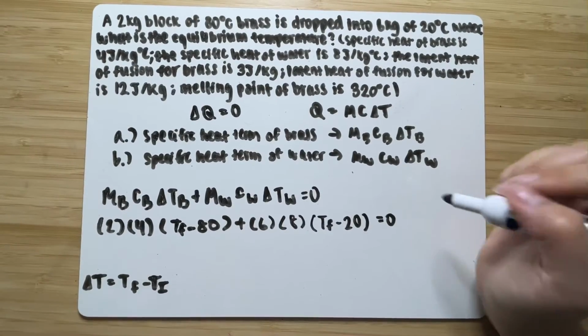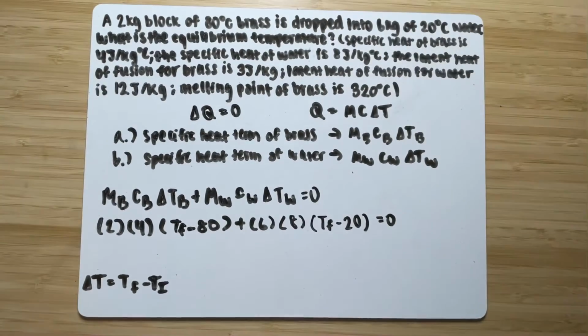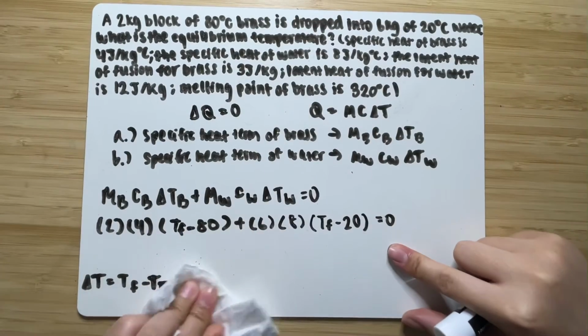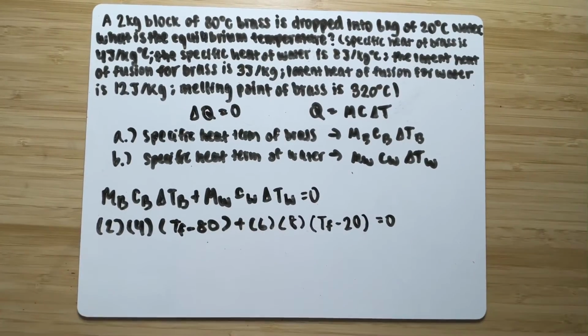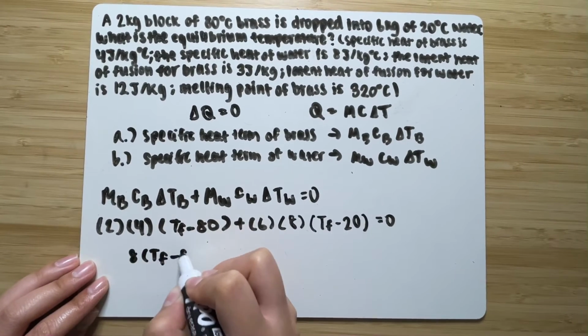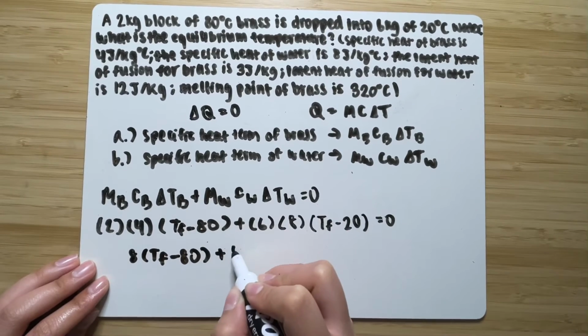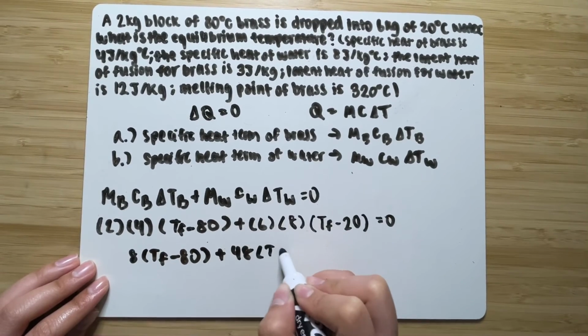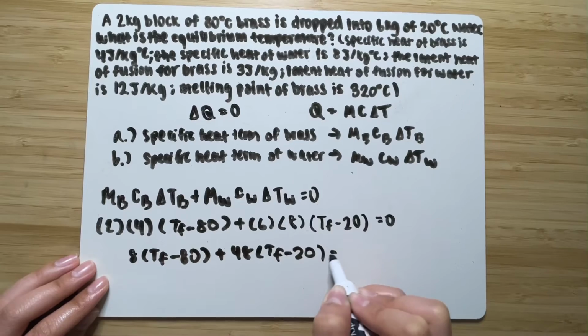Okay, after that you want to move this for more space and combine like terms. 2 times 4 is 8, T sub f minus 80, plus 6 times 8 is 48, T sub f minus 20 equals 0.